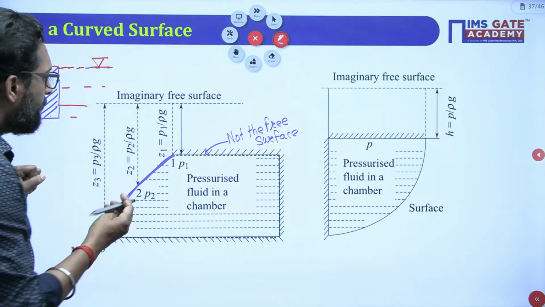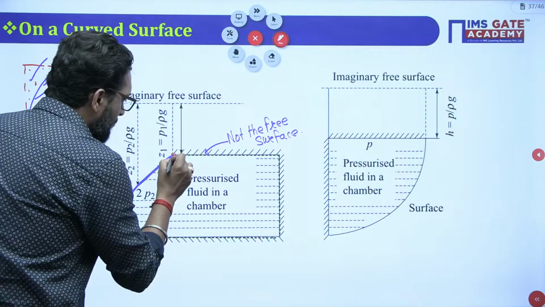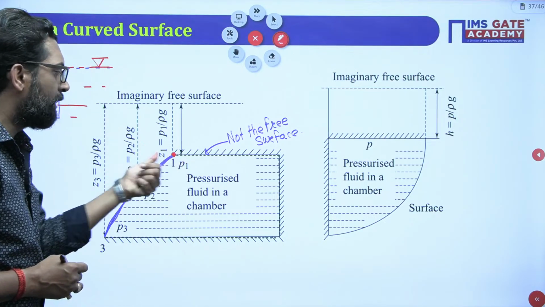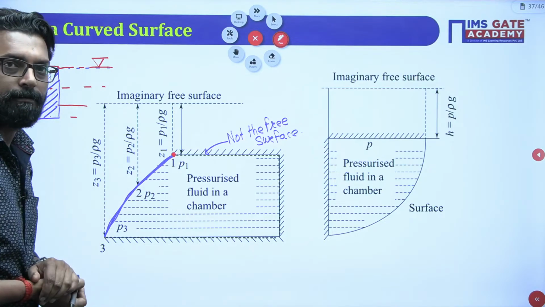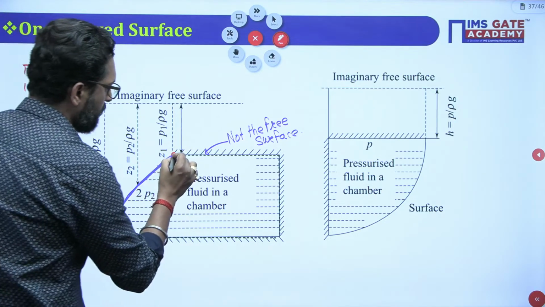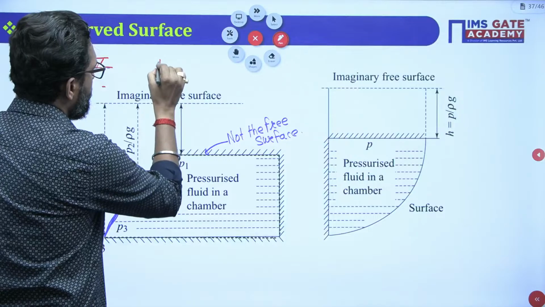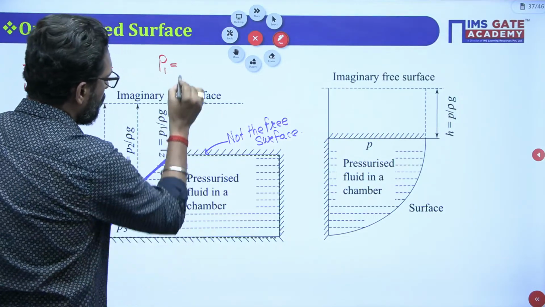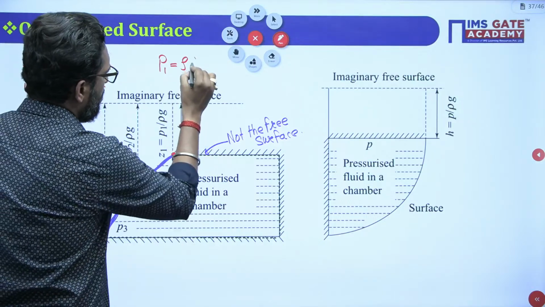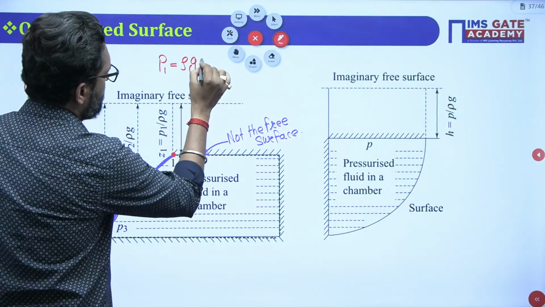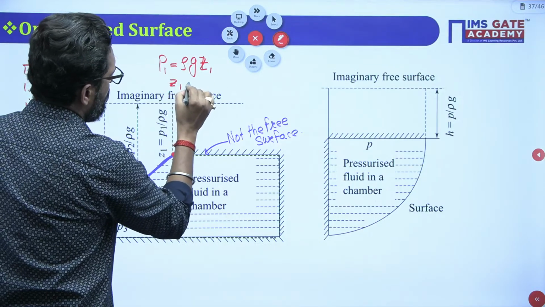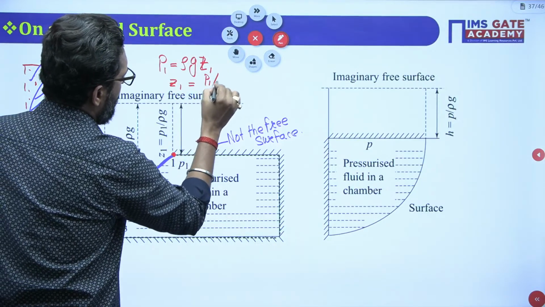Now, my dear, suppose at this point the pressure is P1. So P1 is equal to rho g times an imaginary height, let's suppose Z1. So Z1 is equal to P1 by rho g.